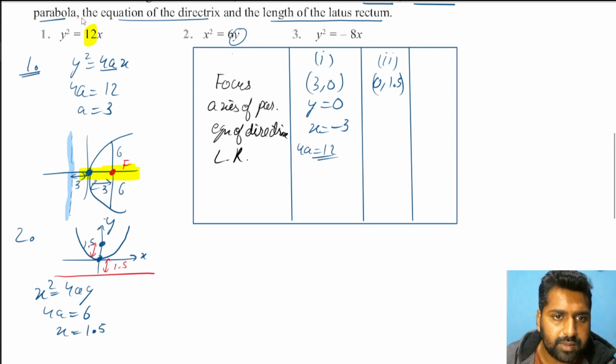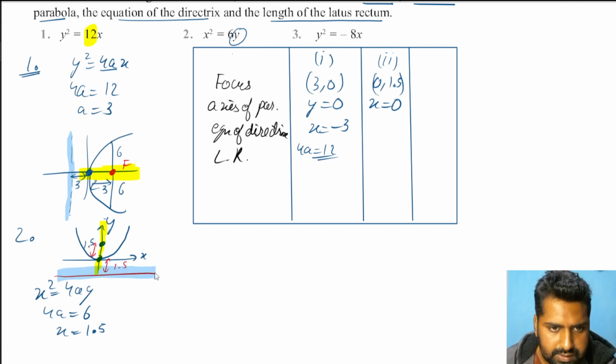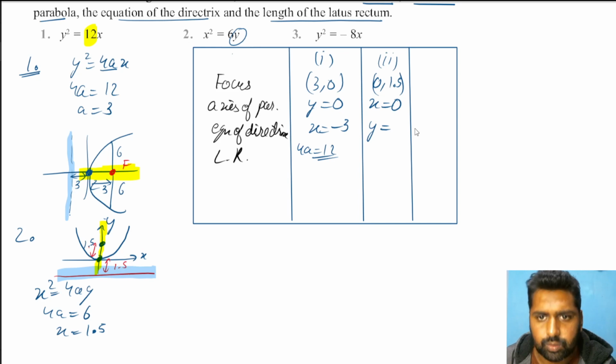Axis, what is the axis of the parabola? It's drawn symmetrically about the y-axis. What is the equation of the y-axis? X equal to 0. No need to learn. Equation of directrix, this is the directrix, I'm drawing it with this color. This is parallel to the x-axis, so basically y is equal to, what is the distance? 1.5, but it is below, so minus 1.5.